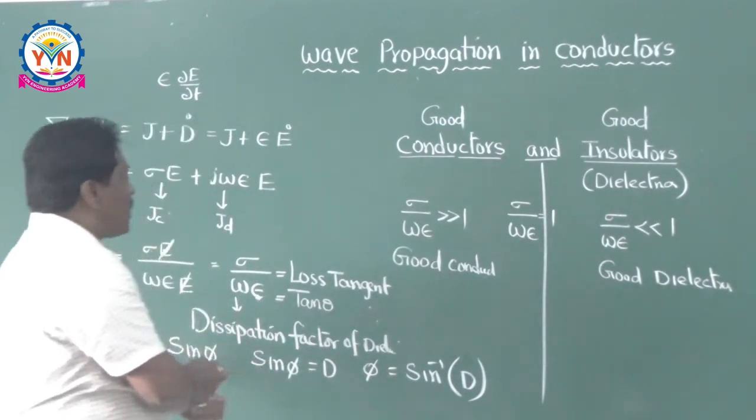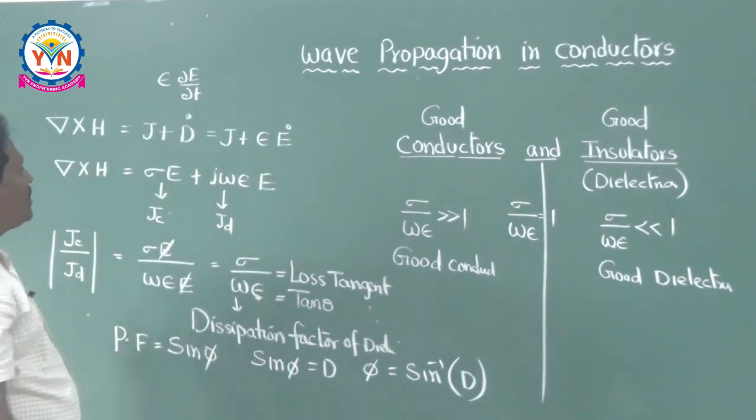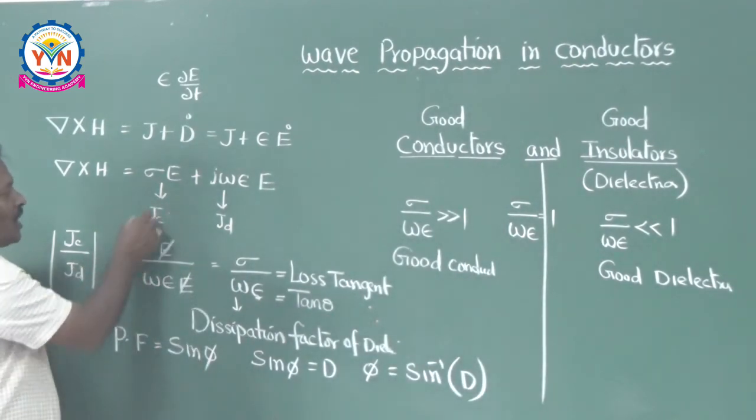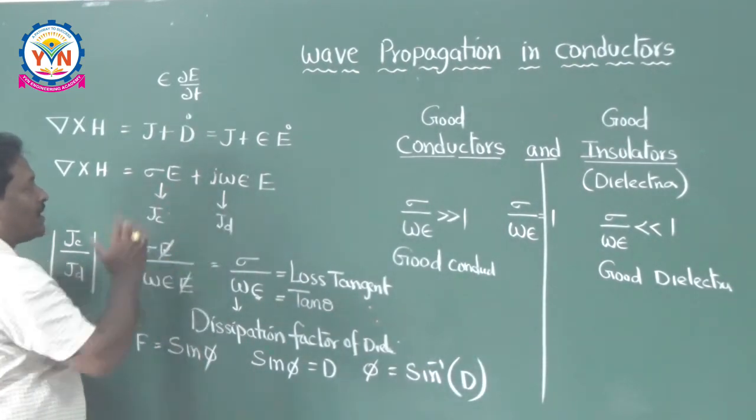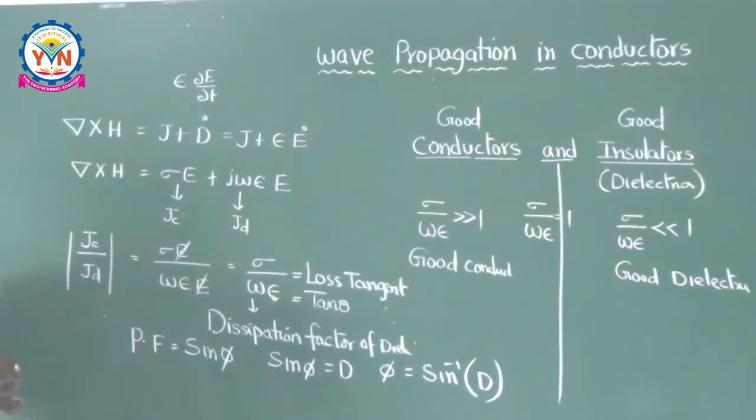So now I would like to tell you why it is called loss tangent. It is nothing but the ratio of conduction current to displacement current density. Just here I would like to explain what exactly it is.